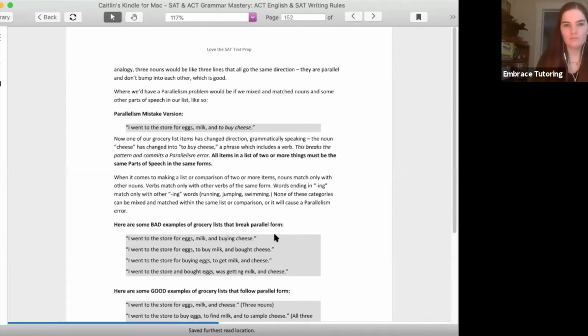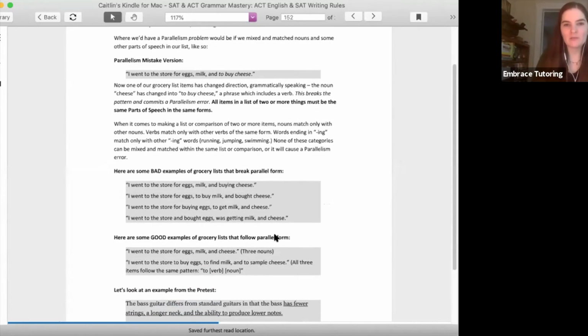So going back to our grammar discussion on parallelism, a common parallelism mistake that you're going to be tested on is something like, I went to the store for eggs, milk, and to buy cheese.